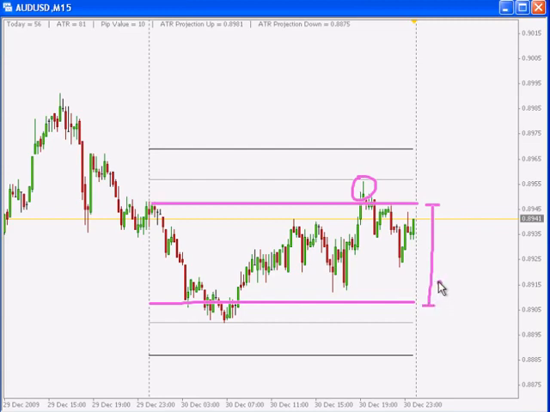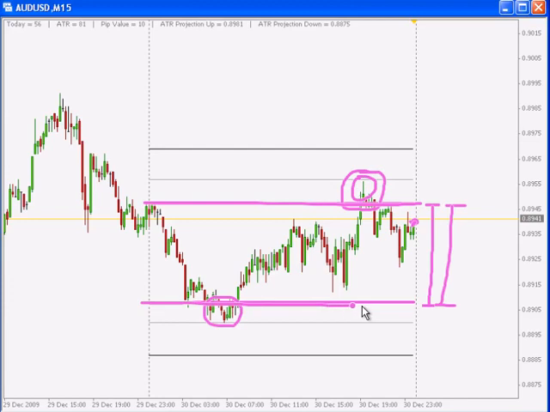So if we took an entry right now, let's assume our system gave us a buy entry at this level, this would be an aggressive entry, so to speak, because price has already moved beyond the 50% band. Please mind that the way you read this indicator is not by seeing whether price is within the 50% band at the time of the entry, but actually at any point throughout the day.